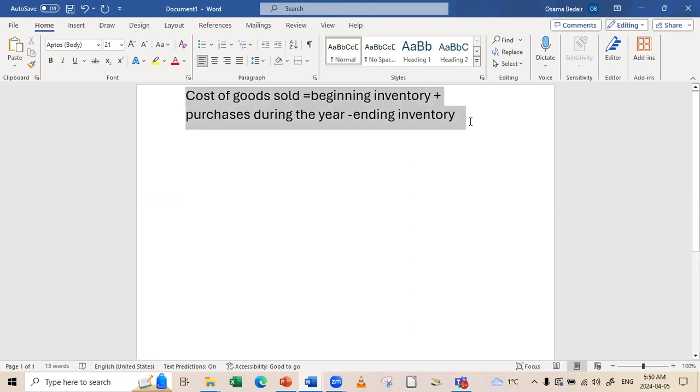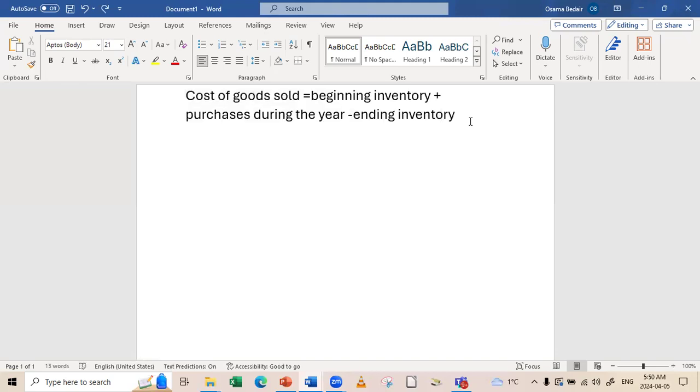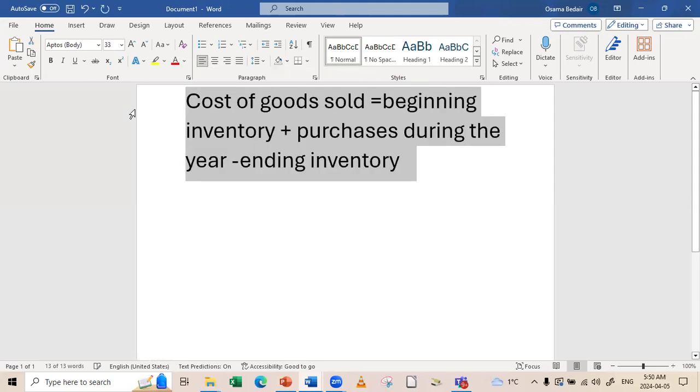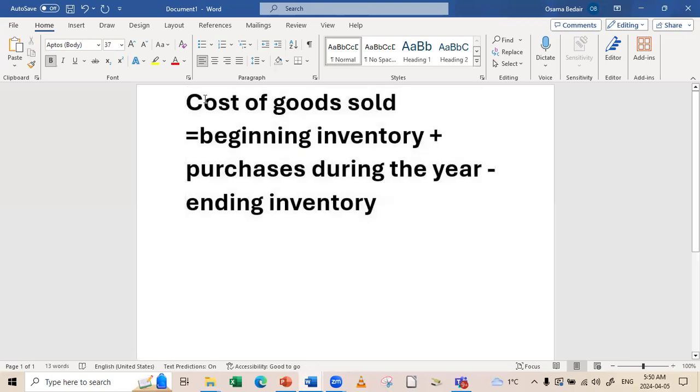So this is the equation of the cost of goods sold. Let's see, back, Control and Z, Control and Y. Here it is. So this is the cost of goods sold for any statement, the start and the end statement.